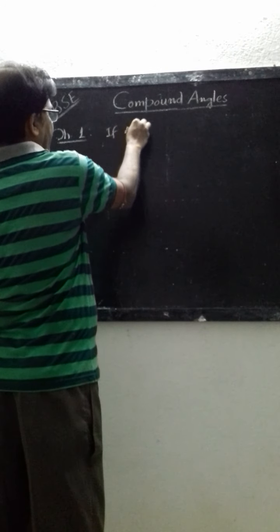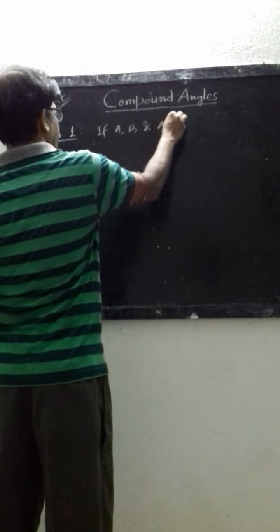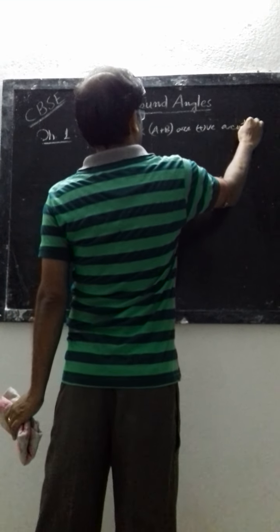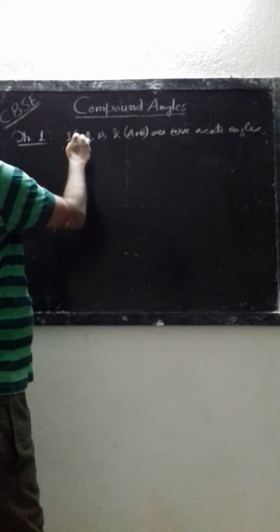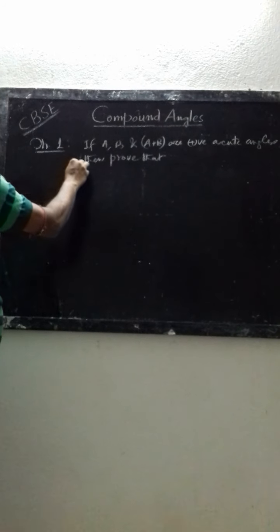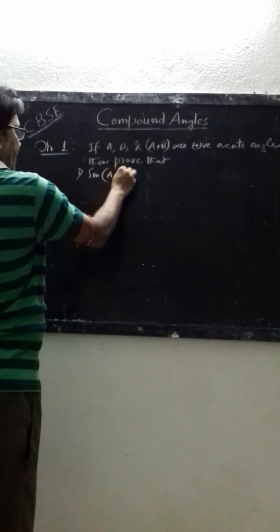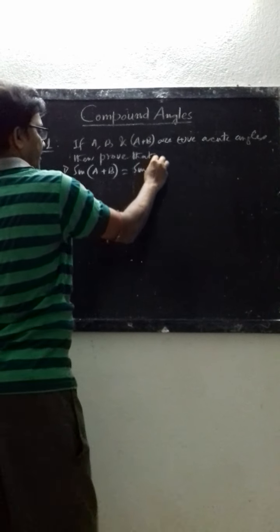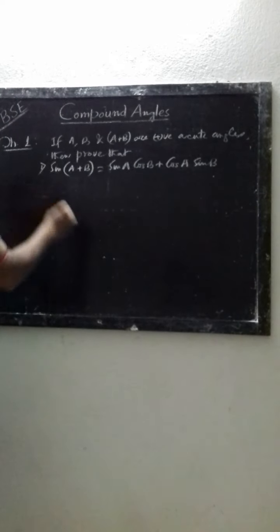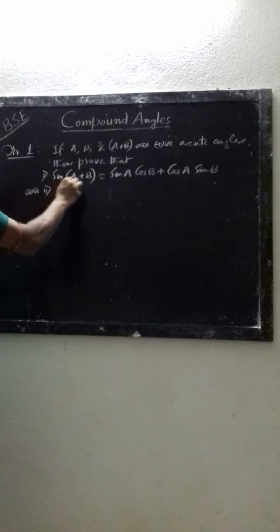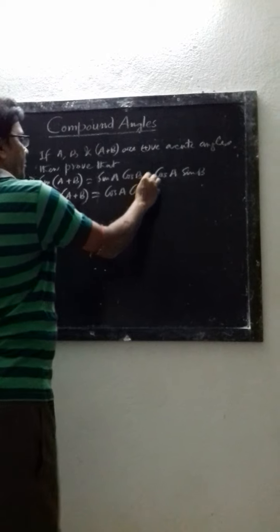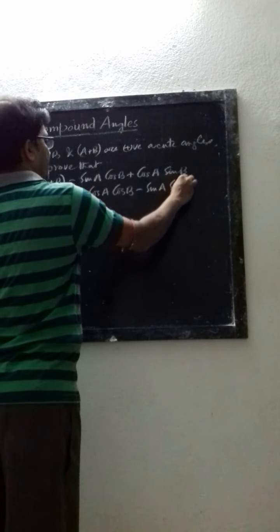If A, B and A plus B are positive acute angles, then prove that number 1, sin(A plus B) equals sin A cos B plus cos A sin B. And number 2, cos(A plus B) equals cos A cos B minus sin A sin B.